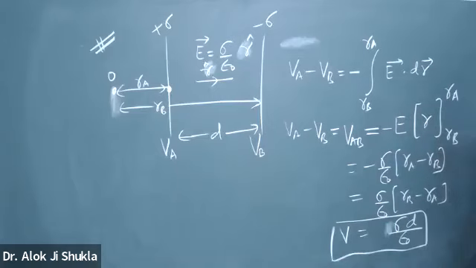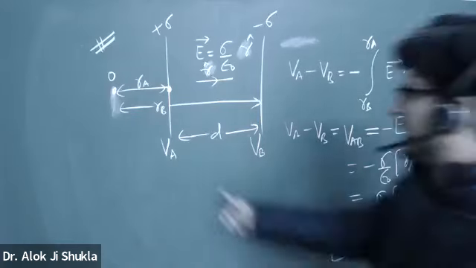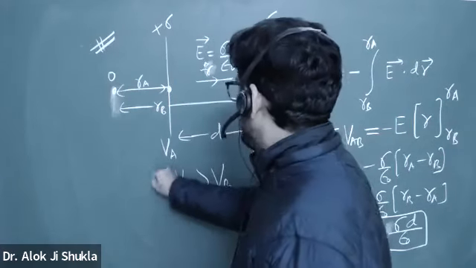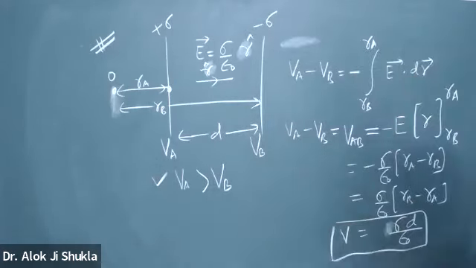कितना बढ़िया है देखो. So this is a very simple question which tells you about the potential difference, that here potential at VA is greater than potential at VB because VA minus VB is positive, right? समझ आ रहा है?